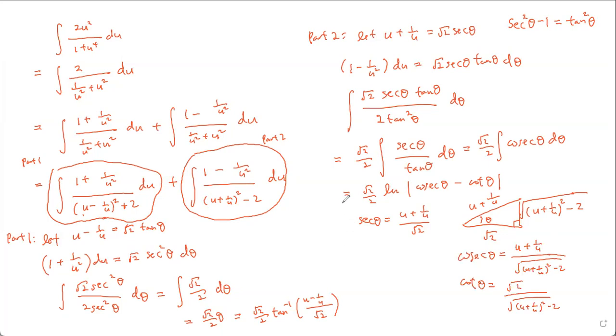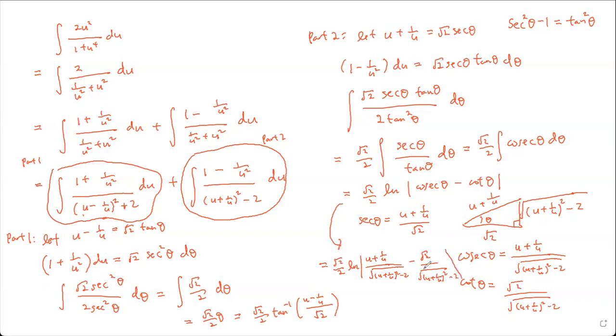Rewriting this, it is root 2 over 2 ln of u plus 1 over u divided by the square root of u plus 1 over u squared minus 2, minus root 2 over the square root of u plus 1 over u squared minus 2.